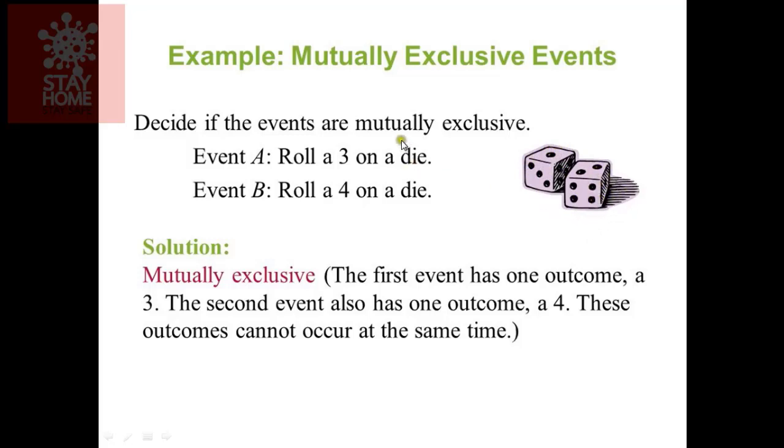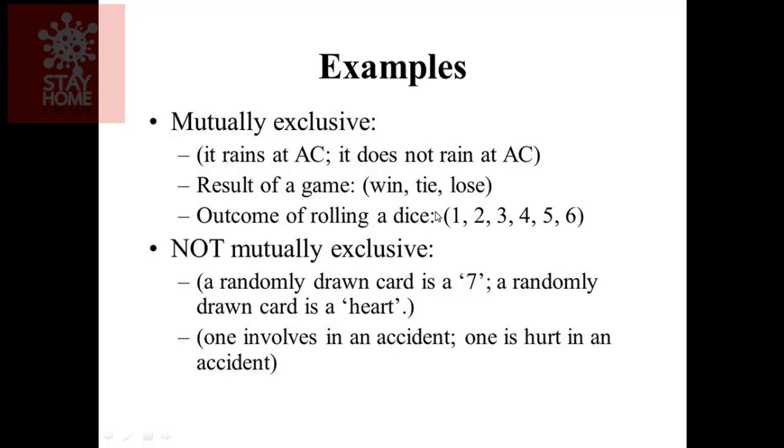So that's why these are mutually exclusive situations. The first event has one outcome, 3. The second event has one outcome, 4. These outcomes cannot occur at the same time. So that's why it is mutually exclusive.